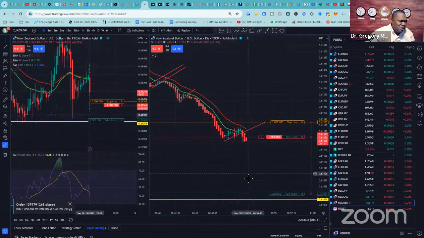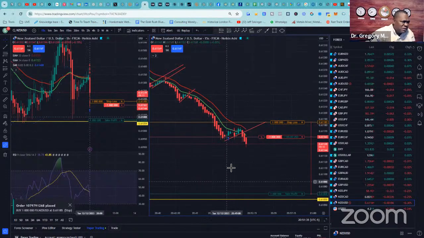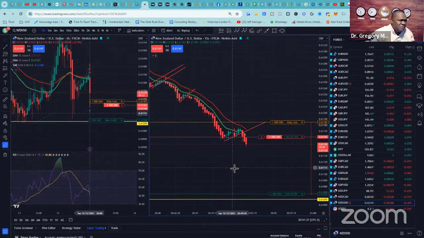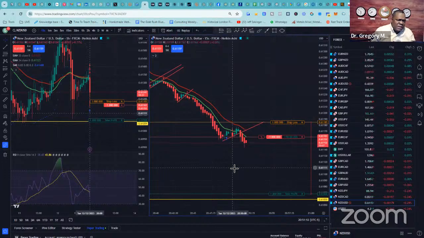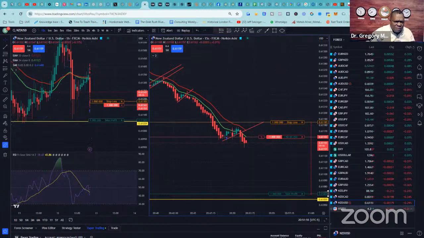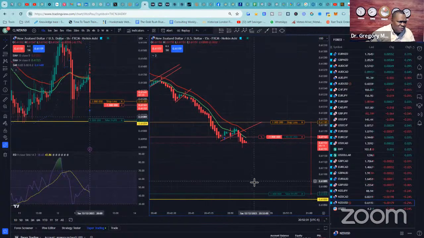So maybe I lost a little bit of the spread closing out, but at least I brought 1,200 home. The Kiwi is down 0.29, so it's the weakest currency on this makeshift heat map right now.